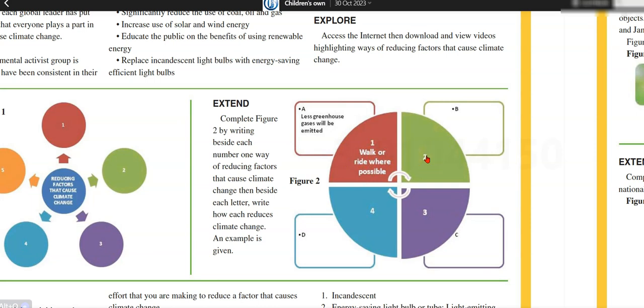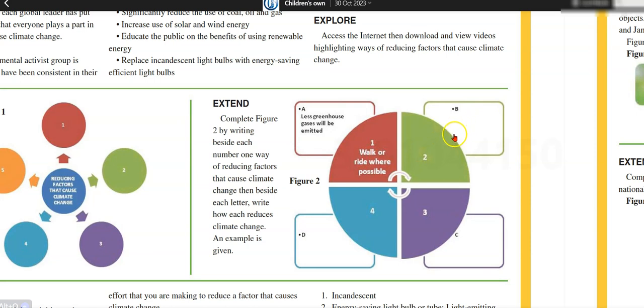So if I use solar energy, then I will reduce the use of electricity generated from fossil fuel plants, such as coal-powered plants or diesel-powered plants, or even to use hydroelectricity.